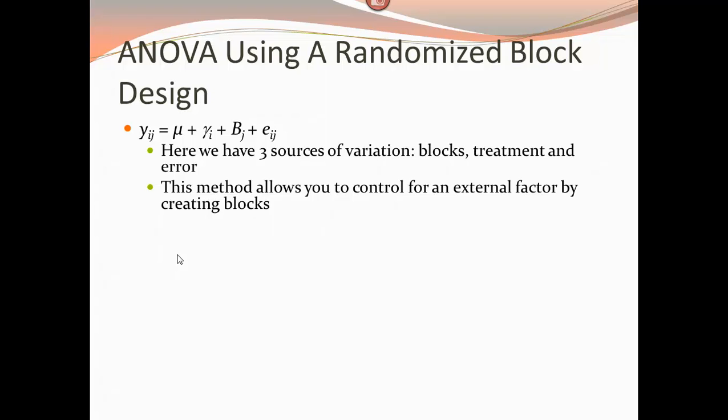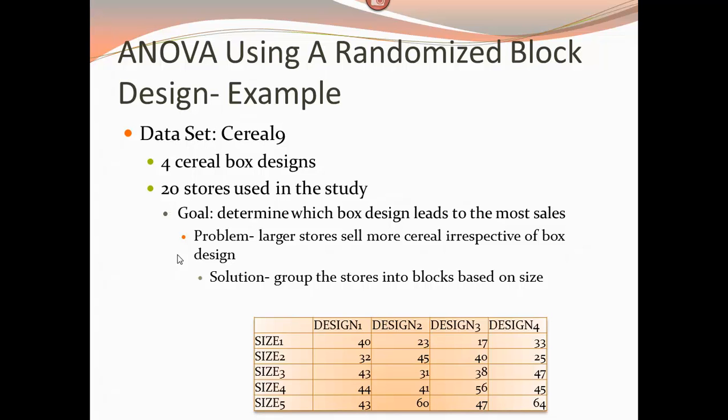So the data gathered for the next example was gathered keeping that idea in mind, that there may be another factor that's influencing your results, and you should recognize that factor. So here we have cereal box data. We have data on 4 cereal box designs from 20 stores, and the goal is to determine whether or not the box design leads to more sales. So, with the ultimate goal of trying to pick the best design.